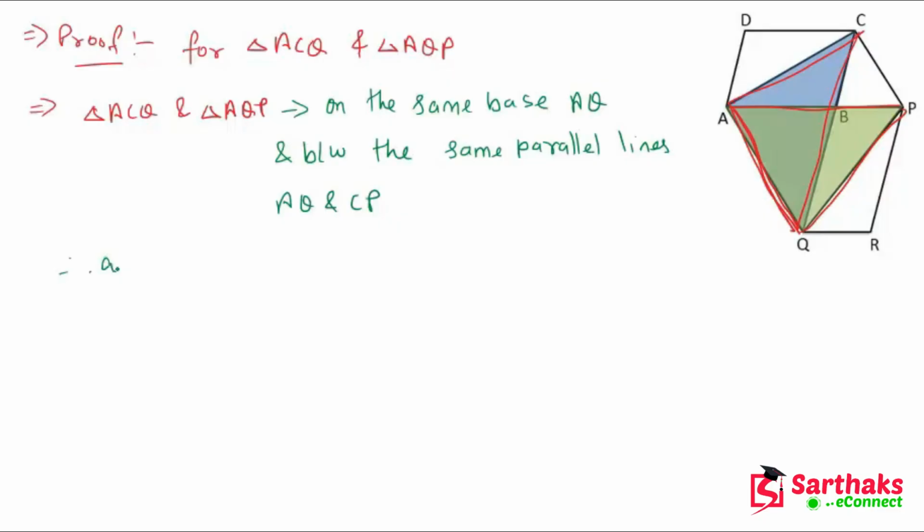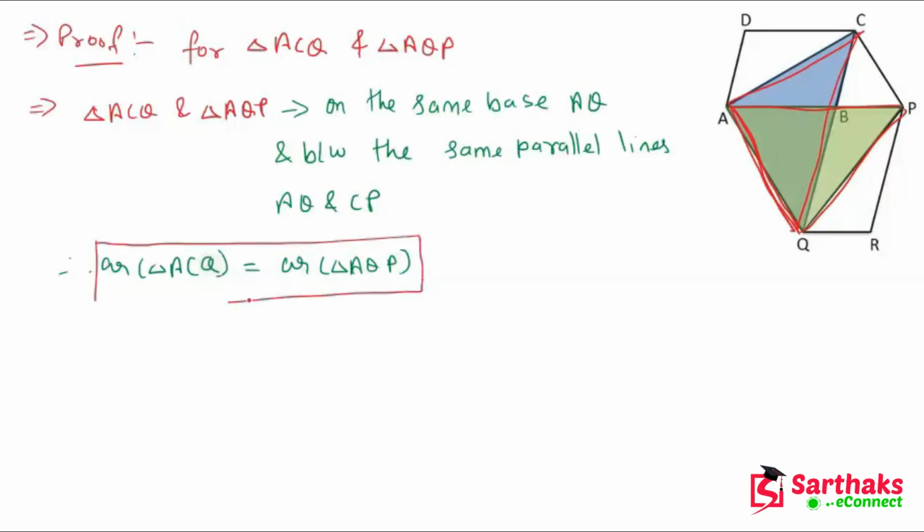So we can write area of triangle ACQ is equal to the area of triangle AQP. I hope you get this point, my dear friends. This is by theorem 9.3.